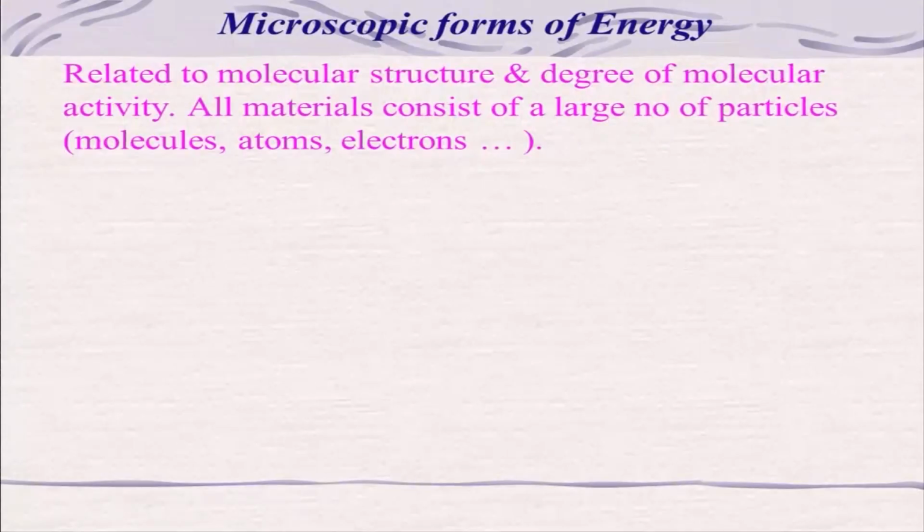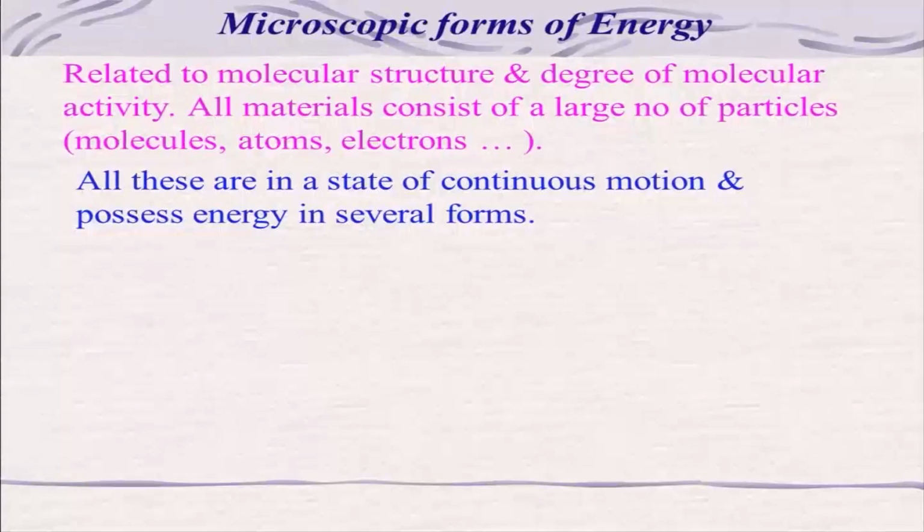All material consists of a large number of particles, which we call molecules, atoms, ions, electrons and others, and all possess some energy, and that energy is known as the microscopic form of energy. All these particles are in continuous motion and possess some form of energy.